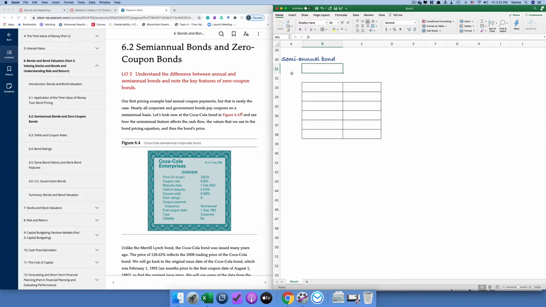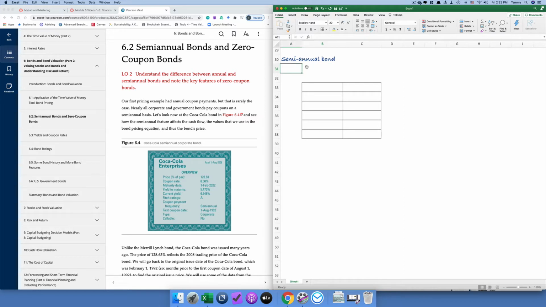And so this is only going to really make sense with an example. Our example that we're given here is actually pretty confusing. Here we have an example of a bond from Coca-Cola. It is a semi-annual bond. At the time that this bond was being sold in 2008, it had a yield of 5.4%, but it was originally issued in 1992.